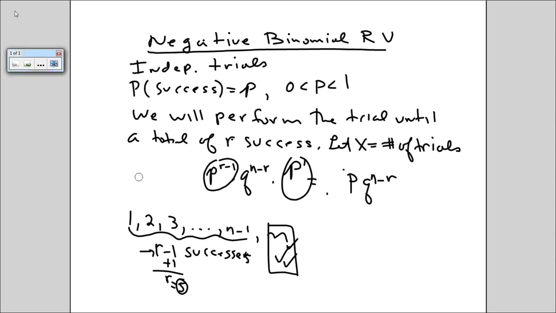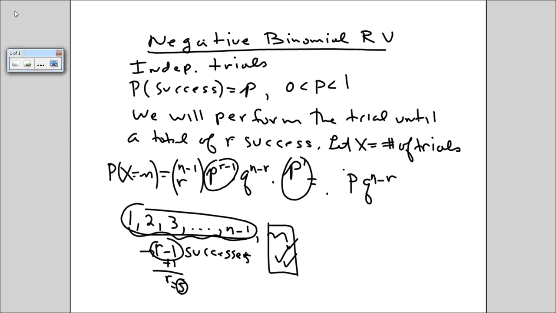Because there's one thing we didn't include in the probability that x equals n. The one thing we didn't include is from n minus 1 places, games, we needed to choose r minus 1 successes.